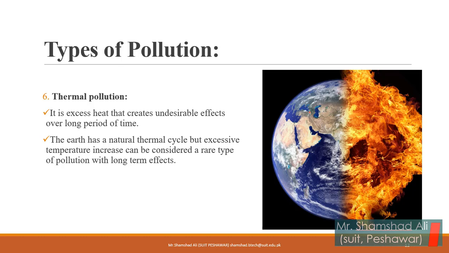So aquatic life can suffer or die due to the increased temperature, it can cause discomfort to communities dealing with higher temperatures, and will affect plant life around the area. So this is a type of pollution which is very common nowadays.